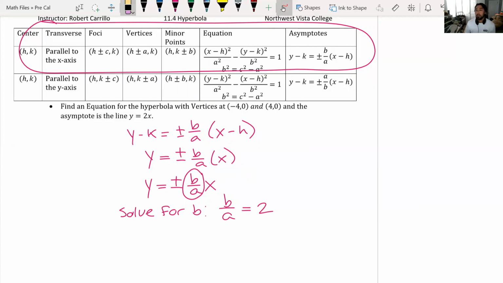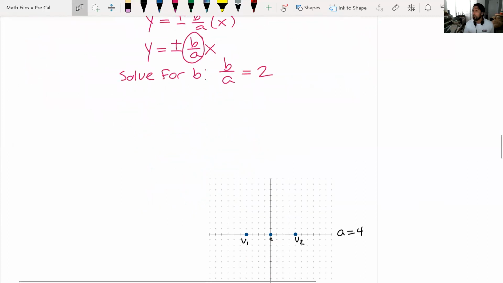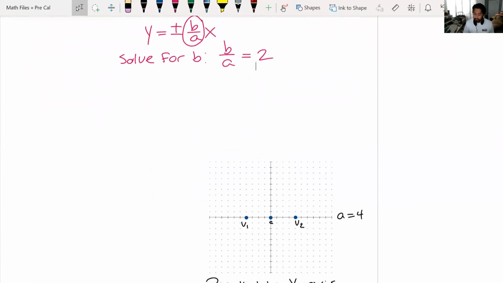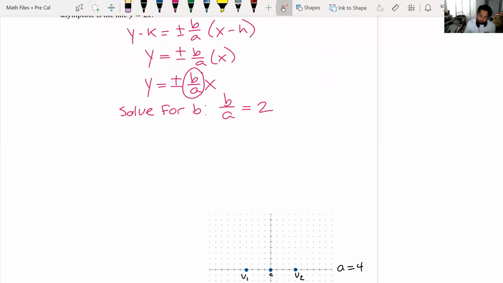Like I said, we know the value of a. From below, the value of a is 4. This means that you can plug that value in, and we'll get b over 4 equal to 2, and therefore, b is equal to 8.